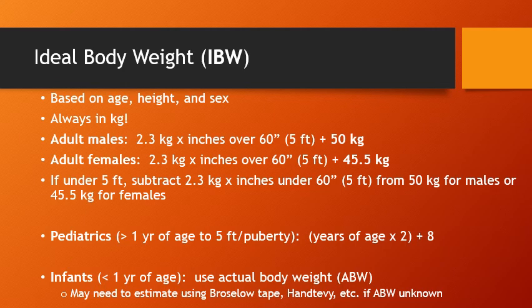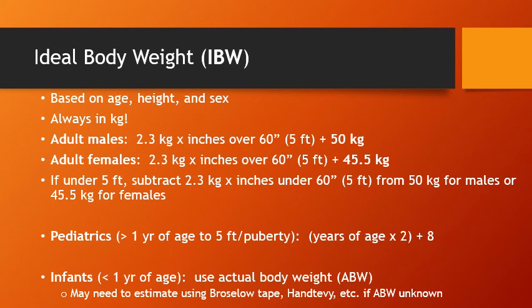Now, ideal body weight is based on the patient's age, like I said, height, and their sex. Ideal body weight is always reported in kilograms. So you must know how to convert from pounds to kilograms, and that is the patient's weight in pounds divided by 2.2 equals kilograms. But when we're talking about ideal body weight, we're always talking about kilograms.